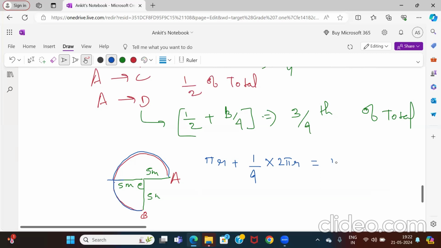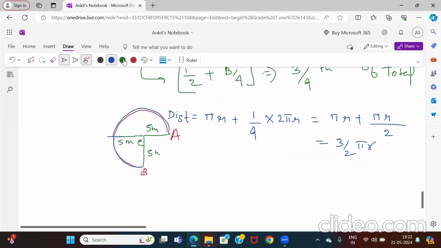So pi r plus pi r by 2, that is 3 by 2 pi r. So this is the distance. Understood? Any doubt? So distance is 3 by 4 of pi r. What is pi? Pi is 3.14 and r is 5 meter.